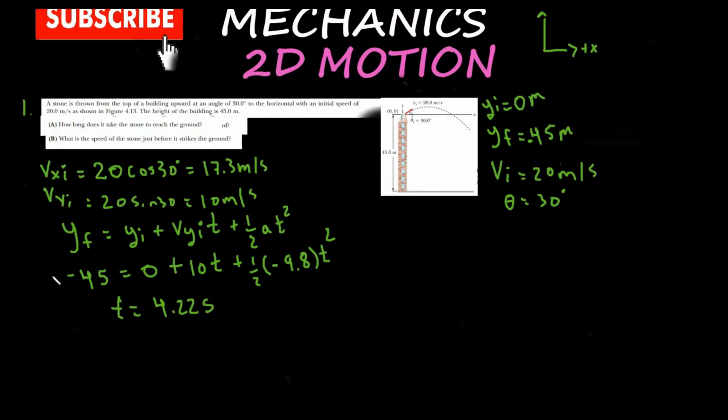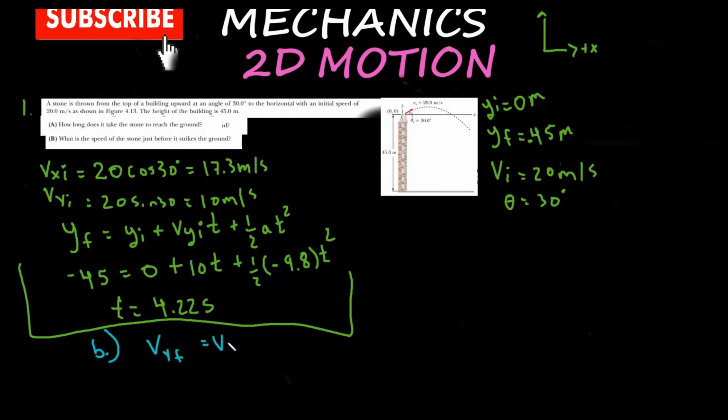So now part B. Part B is asking us what is the speed as it reaches the ground. To solve this part, we're going to need to find our x component velocity and our y component velocity as it hits the ground, and then we're going to take the magnitude, that is, square them and take the square root to find a combined velocity. In your textbooks, or you should know this by heart by now, velocity y component final is equal to velocity y component initial plus a y t, where a is your acceleration, gravity.